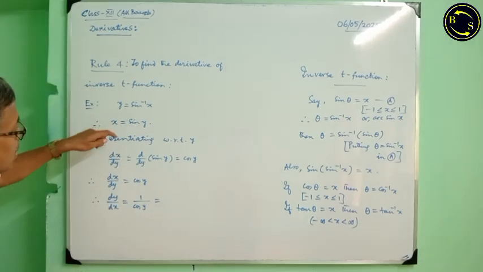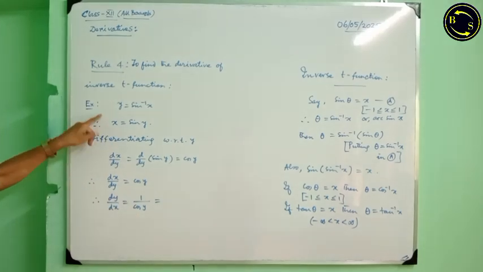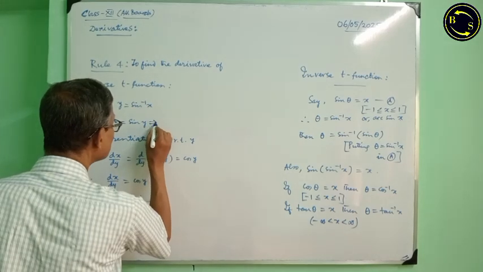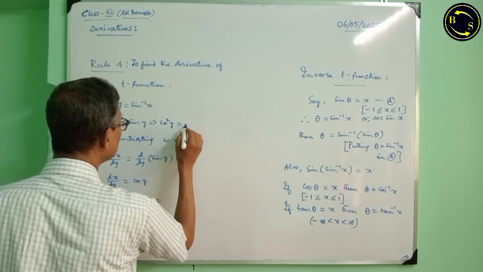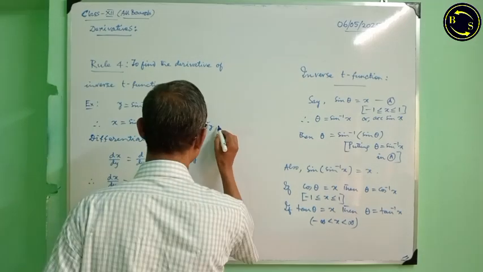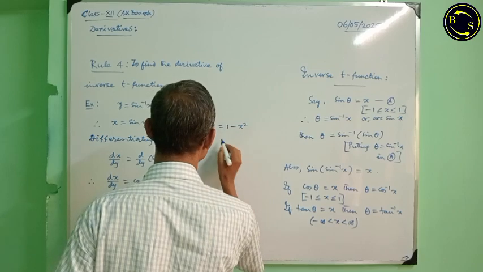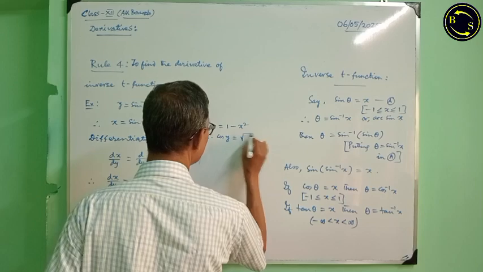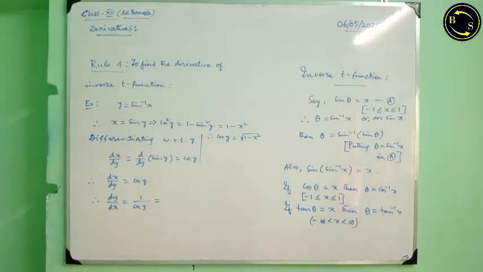Now, cos y is to be expressed in terms of x. Using this one, x equal to sine y, you see from this cos square y is equal to 1 minus sine square y, that is equal to 1 minus x square. Therefore, cos y is equal to square root of 1 minus x square.